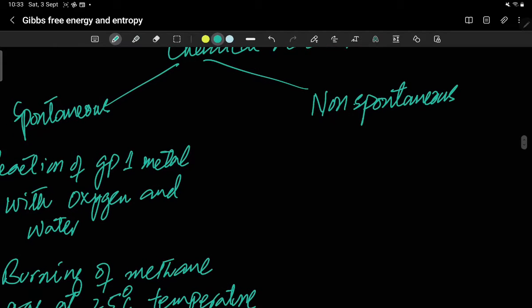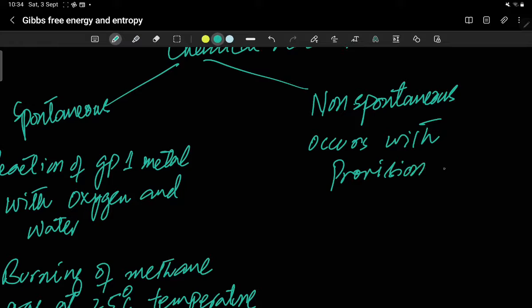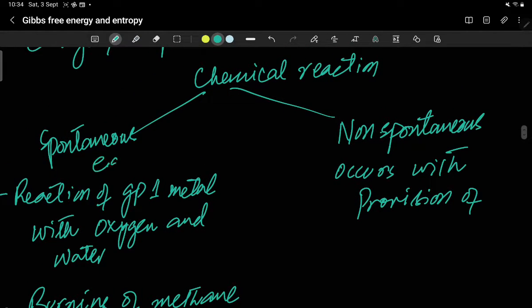While non-spontaneous reaction occurs with the provision of a continuous supply of energy.